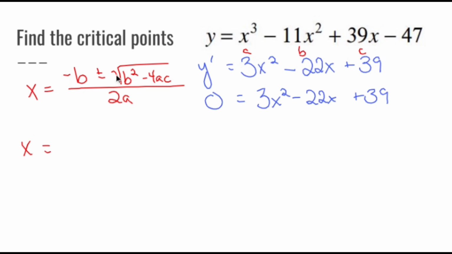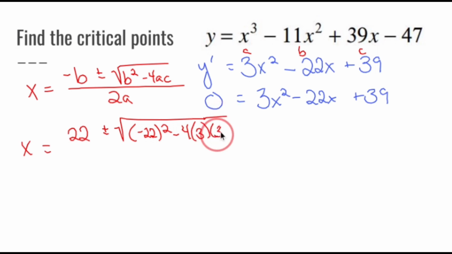So x equals negative 22, which makes that positive 22. See what I did there? Plus or minus the square root of negative 22 squared minus 4 times a, which is 3, times c, which is 39, all over 2 times a, which is going to be 6.